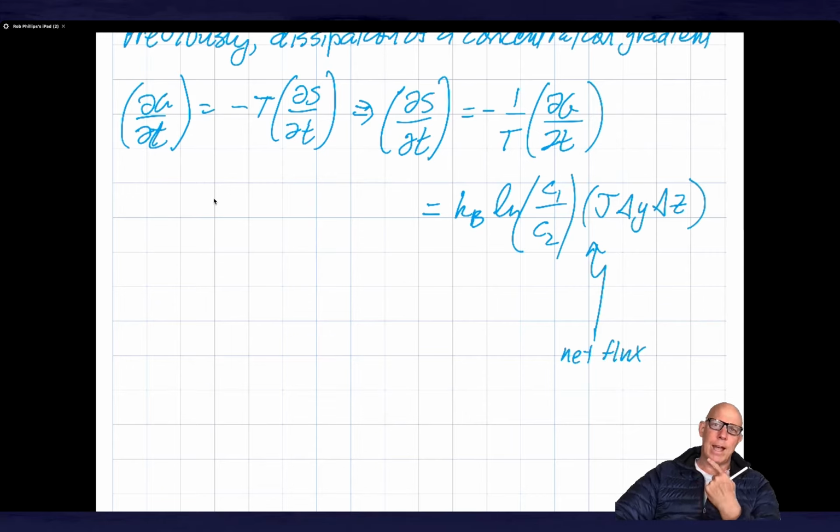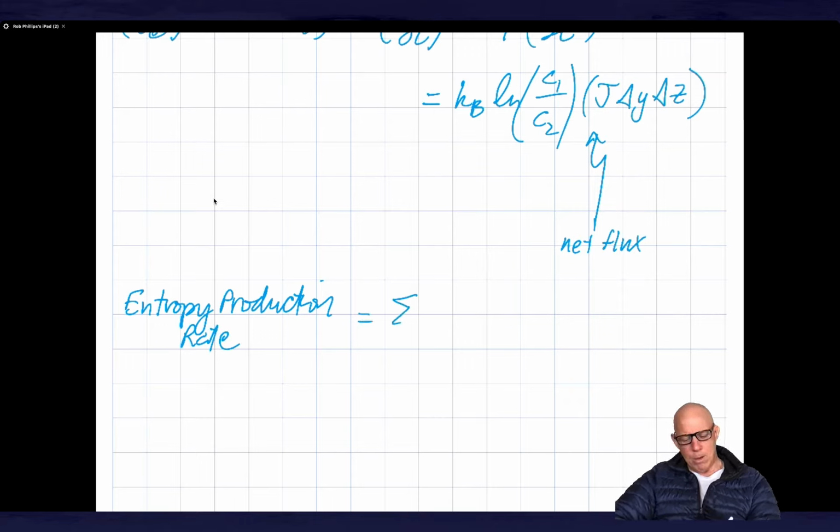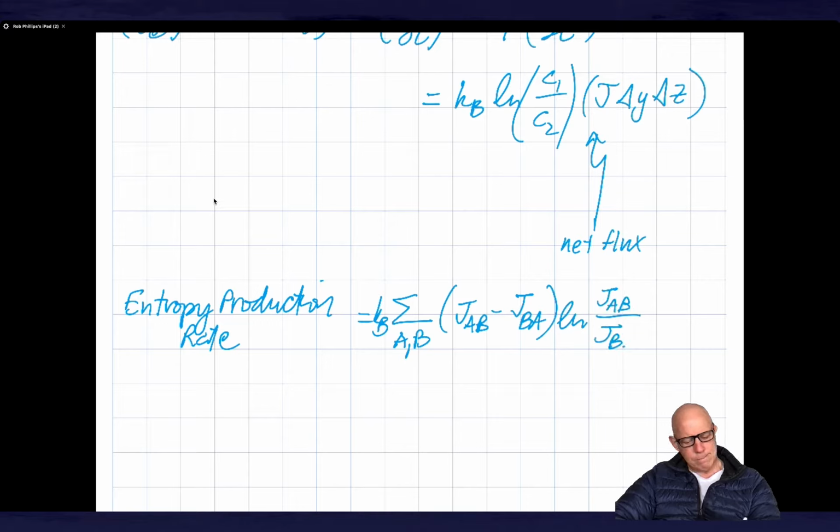And the reason for that is that there's a theorem that is very popular, which says that the entropy production rate, so I'm going to want to invoke this, is given by a sum over all the states A and B of J_AB minus J_BA, and then there's kB in front, and a log of J_AB over J_BA.